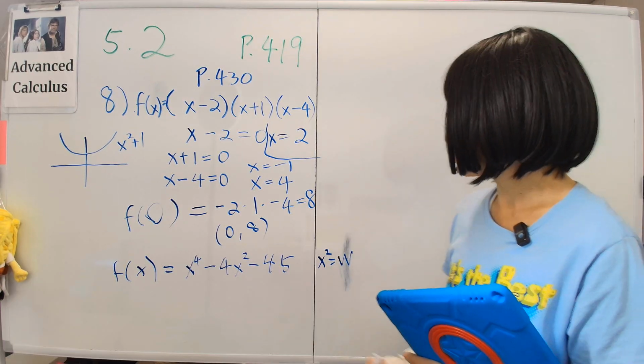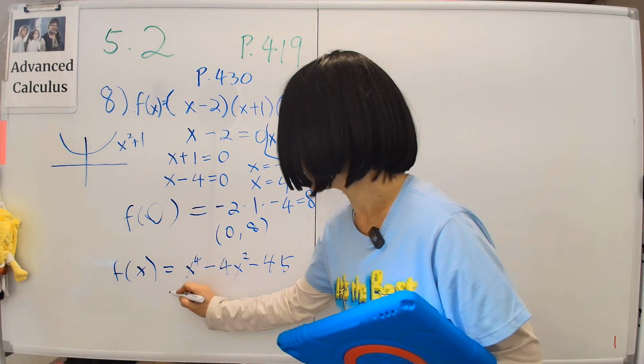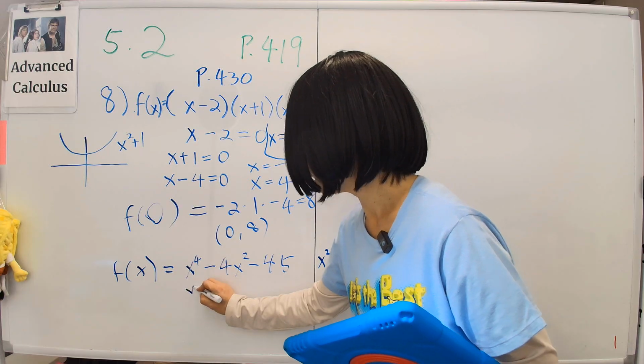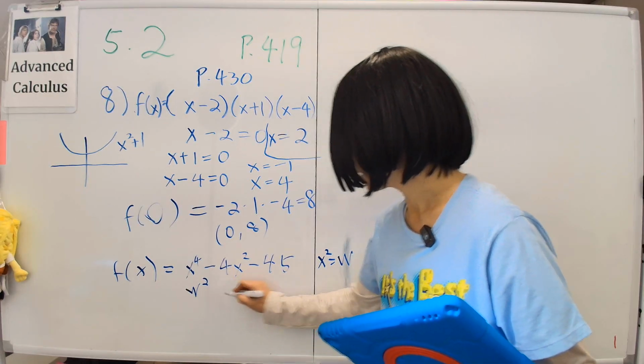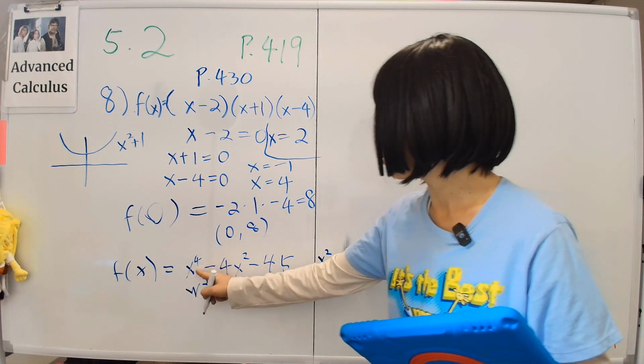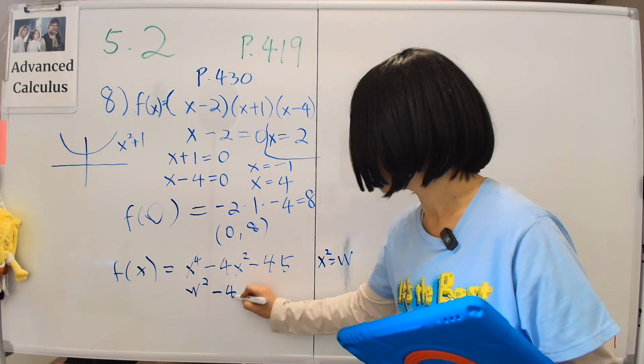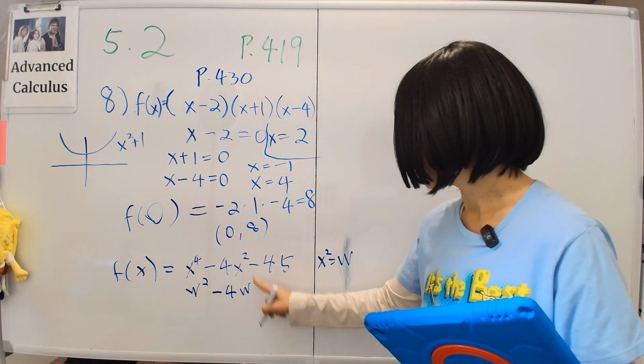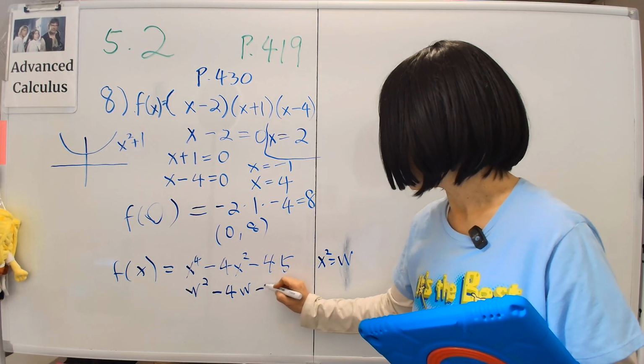Let's call x squared equal to w. Then this whole function gets turned into w squared minus 4w, because x squared is w, so x to the fourth is w squared, and then minus 45.